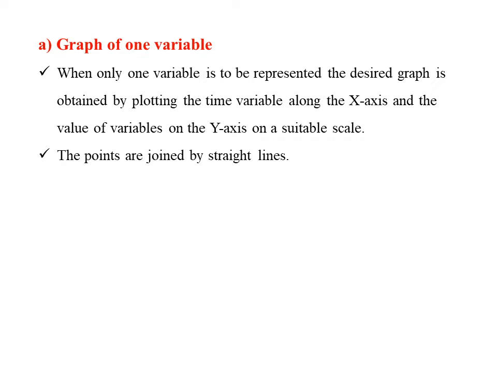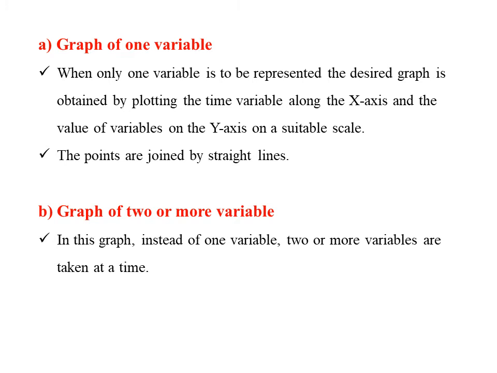The points are joined by straight lines. For the graph of two or more variables, instead of one variable, two or more variables are taken at a time. The comparison is very easy in this graph.